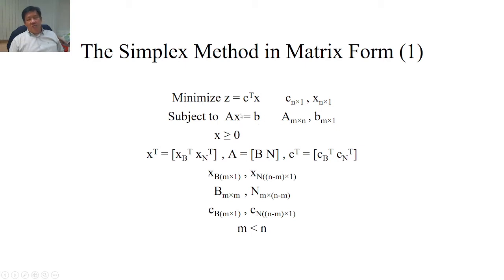For all the constraints to identify the decision variable x, they are expressed as a linear equation Ax equal to b, where A is a matrix of size m by n when m is less than n, and b is a column vector of m by 1. This is the default situation for most linear programming. All variables contained in vector x are greater than or equal to 0.